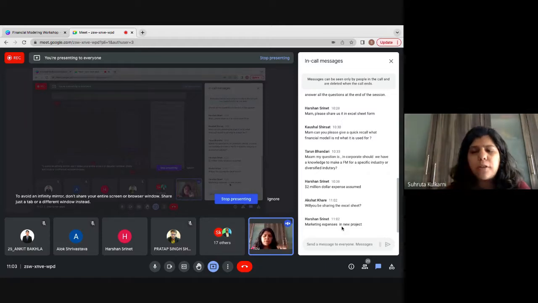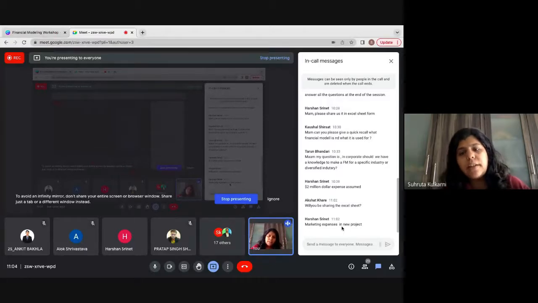You might want to list your restaurant on Zomato or Swiggy, and the commissions they charge will come as your expense. All these things you need to model based upon what industry and what stage of company you are in. Hence assumptions are very critical for any financial model.